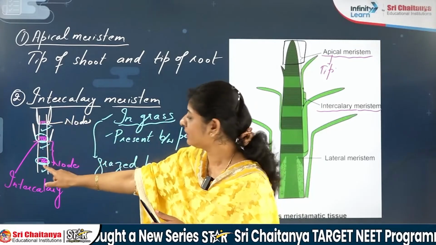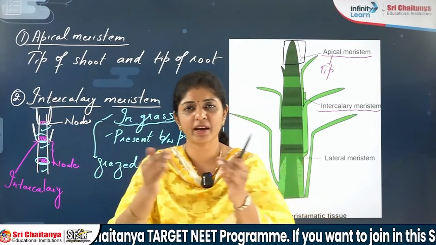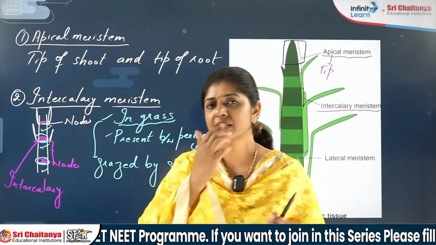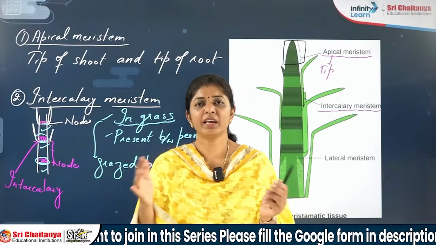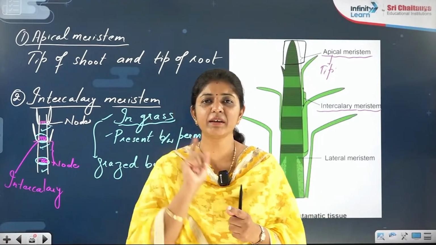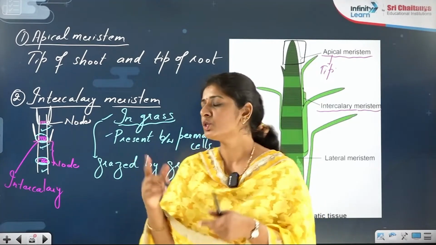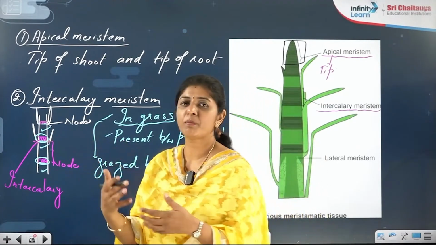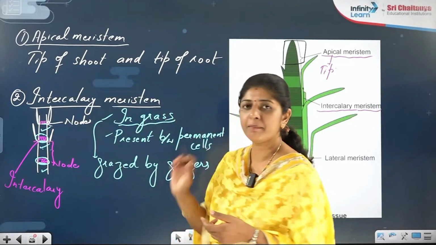Then this meristematic cell will divide and give rise to the grazed part again. That's why grasses grow more automatically. Like we discussed in stem modifications, runners, I mentioned grasses that help in vegetative propagation. This is one of the reasons why they can propagate so easily, because they have this intercalary meristem.